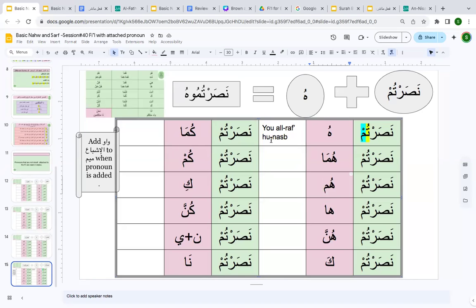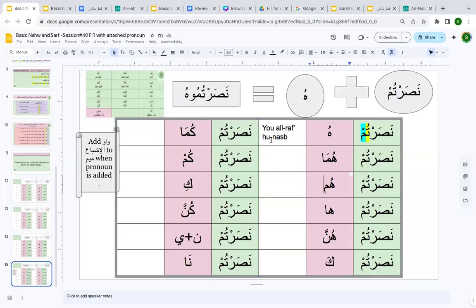Nasartumukuma, you all helped you two, which doesn't make sense. Nasartumukum, you all helped you all. Nasartumuki, you all helped you, female. Nasartumukunna, you all helped you all, females. Nasartumuni, you all helped me. Nasartumuna, you all helped us.